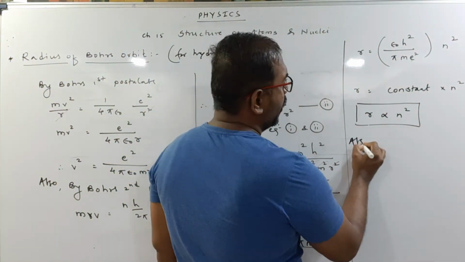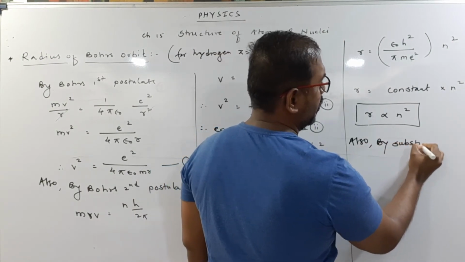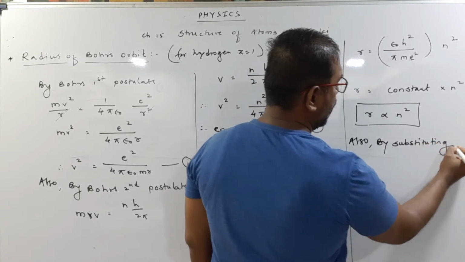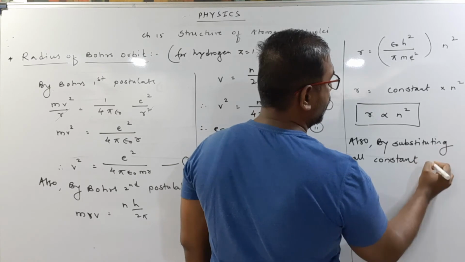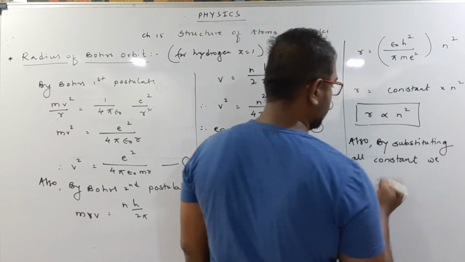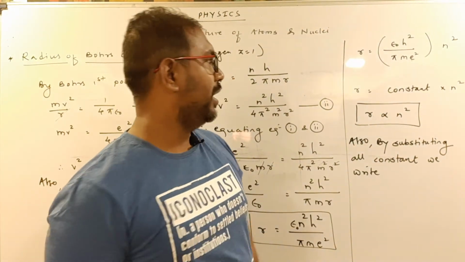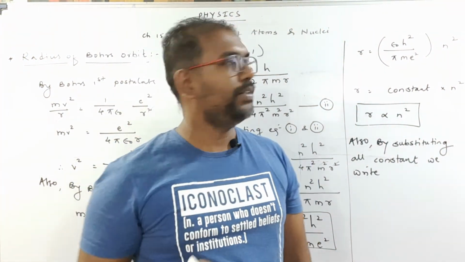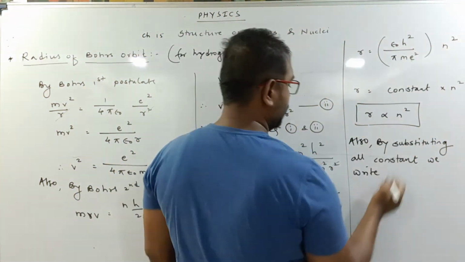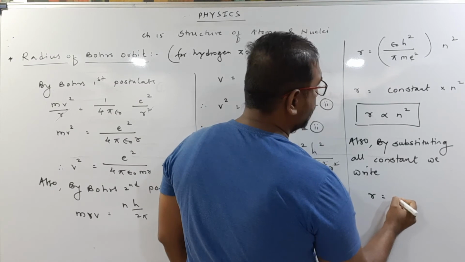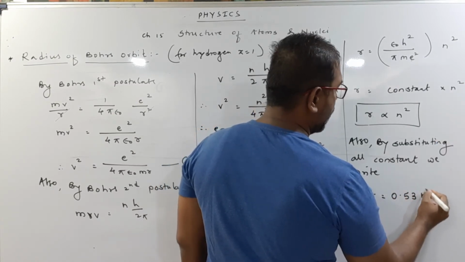Also, by substituting all constant, if I substitute constant means epsilon 0, h, pi, m, e square, everything, then we can write this value: r is equal to, it is coming 0.53 into this n square.